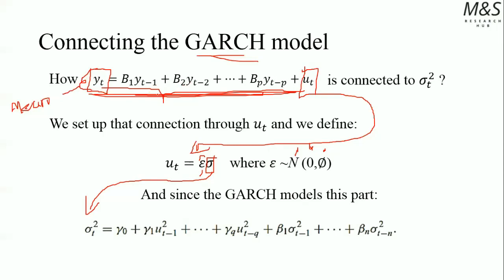This could be a moving average model. This could be, I don't know, another kind of model like a multivariate framework model and so on, right? But the important thing is that we're linking the mean equations of the general model we have stated through the residuals.